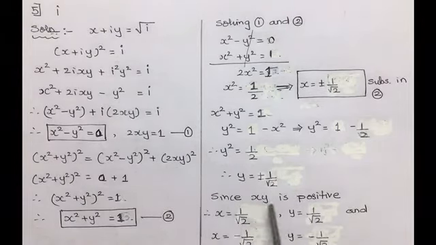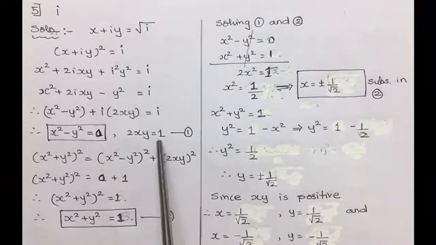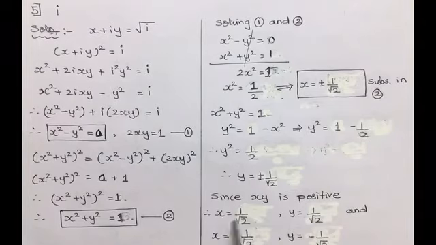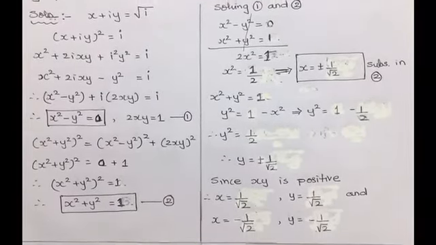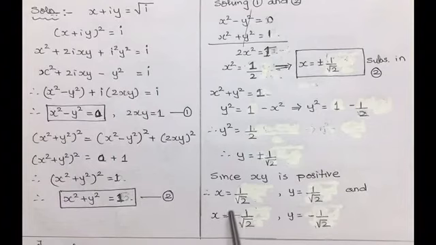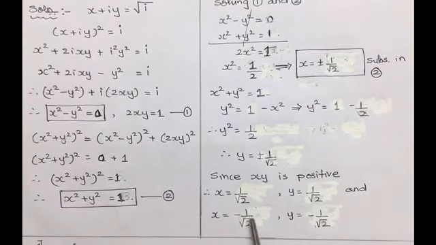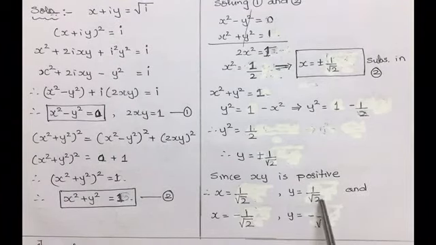Now since x and y, the product is positive, therefore, if x is positive, y also has to be positive. If x is negative, y should be negative. Hence the combination taken over here is x equal to 1 by root 2, y is also 1 by root 2.